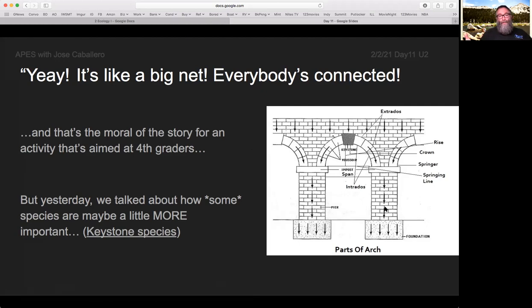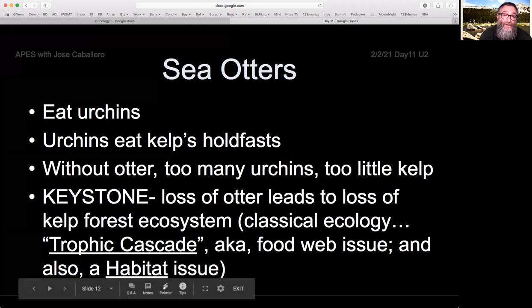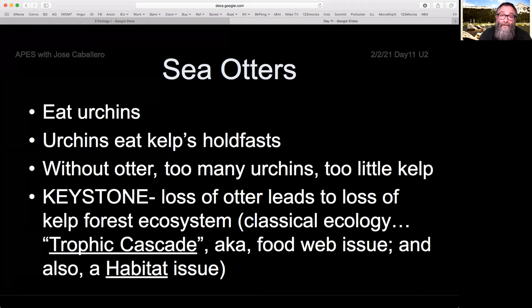This was a big deal. It was called the Etruscan arch, and it all depends on this one rock. And if you don't have that one rock, the whole wall falls down. Like, if you don't have a sea otter, the whole ecosystem falls apart. Sea otter is a keystone species, for what we would call generic classic ecology reasons.